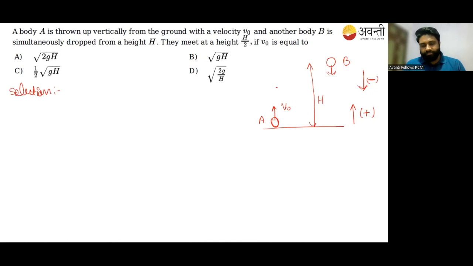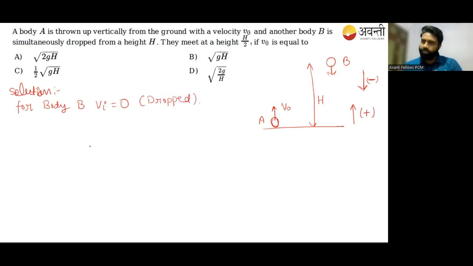When a body is dropped, it has zero initial velocity. So for body B, the initial velocity is equal to 0 because it is dropped.